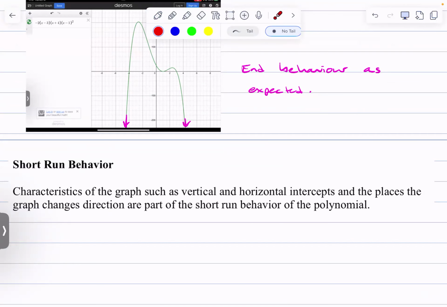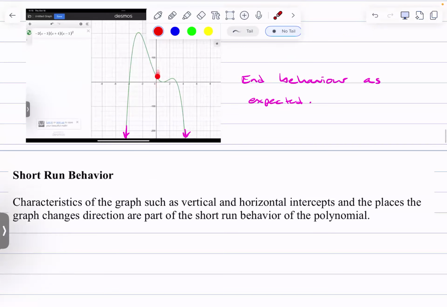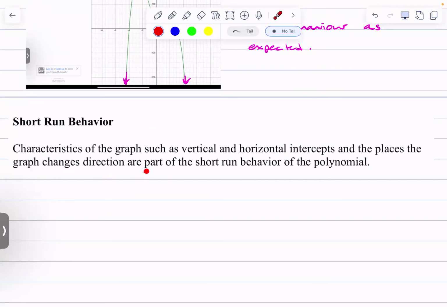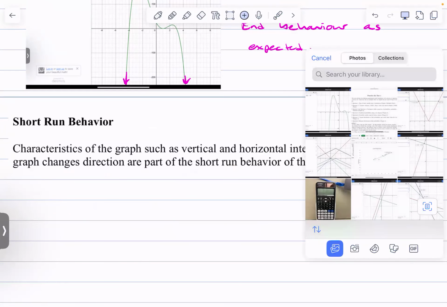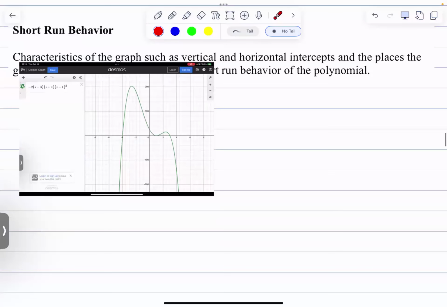Okay. And so characteristics of the graph, such as vertical, right? That's where it crosses the y-axis. That's a vertical intercept. And then we have horizontal intercepts where it crosses the x-axis. And the places the graph changes direction are part of the short run behavior of the polynomial. Here, I'll bring that in on the same page. I know, it's excessive, but it's also not real paper.